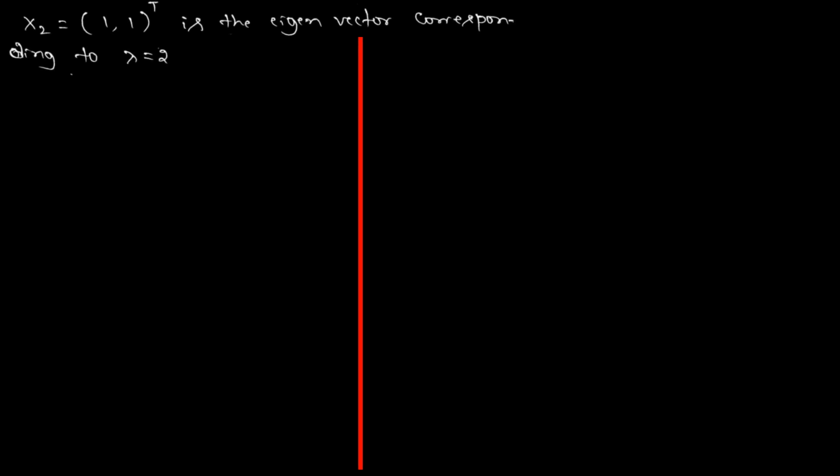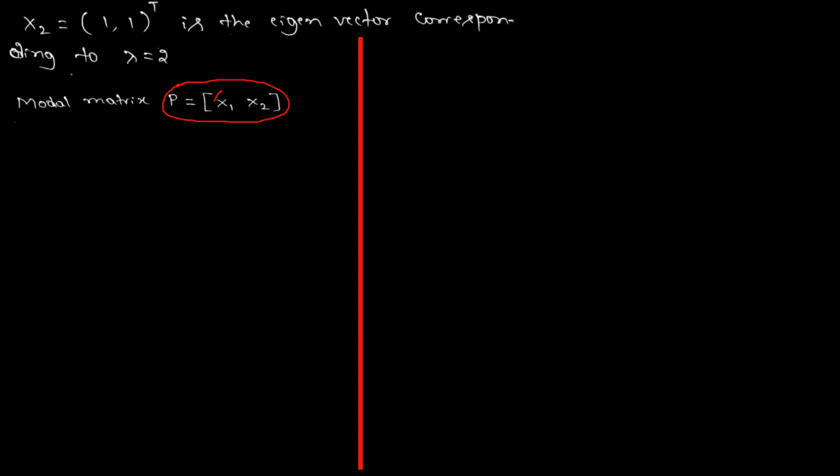So as per our algorithm flow chart, we have completed the first step of finding the eigenvalues and eigenvectors. The next step is P is equal to x1, x2.